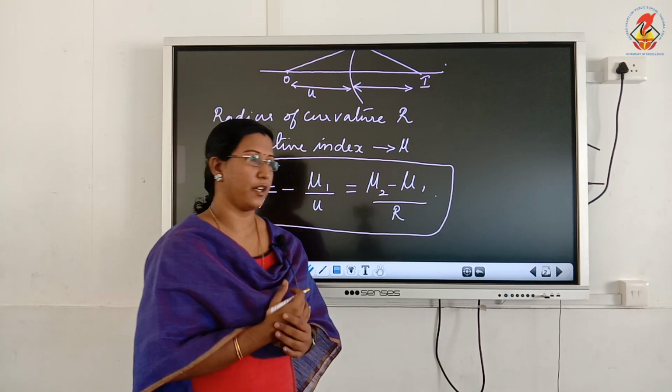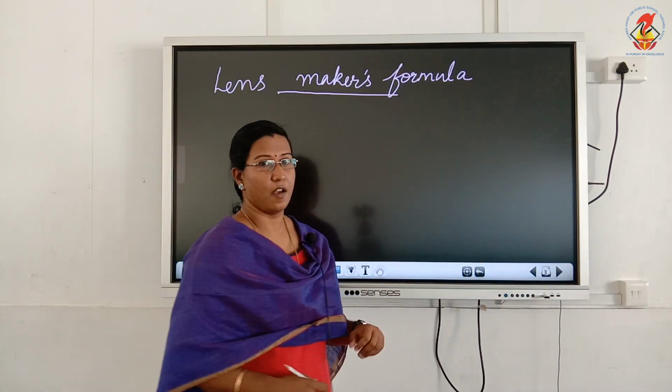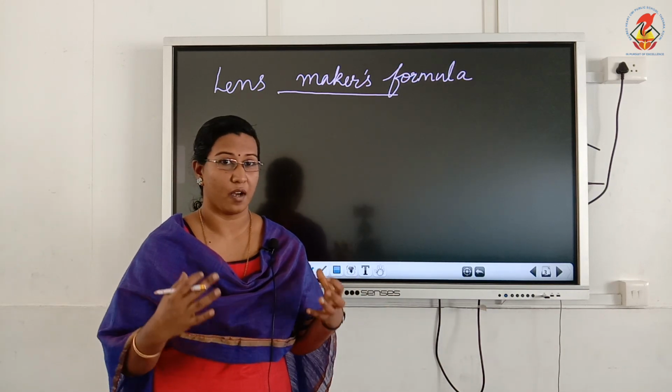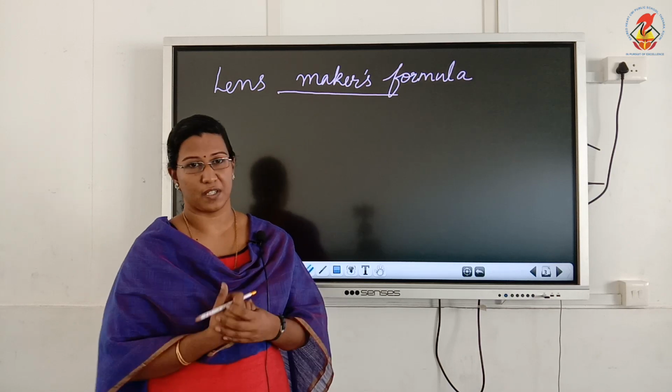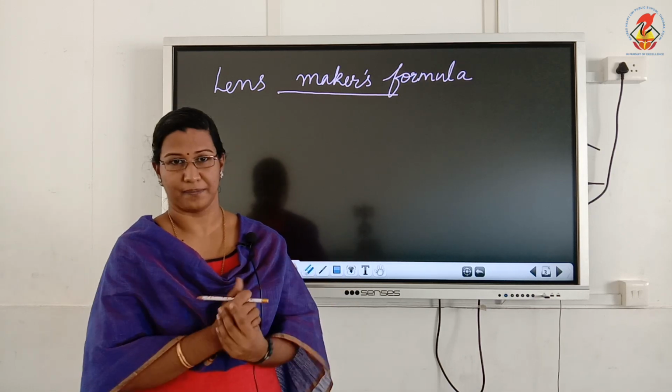Now, in this video, we are going to discuss lens maker's formula. From the name itself, you can say lens maker's formula. This is the formula or equation used by the opticians or the people who make lenses to make the lens.